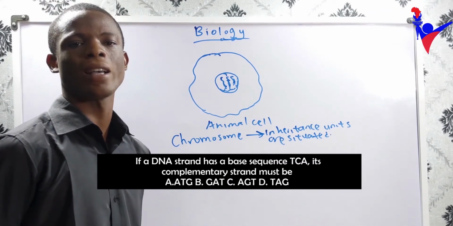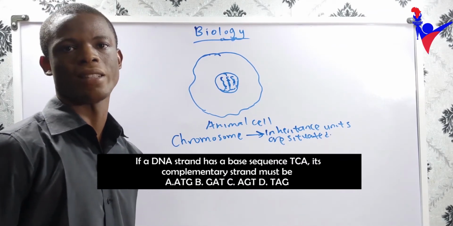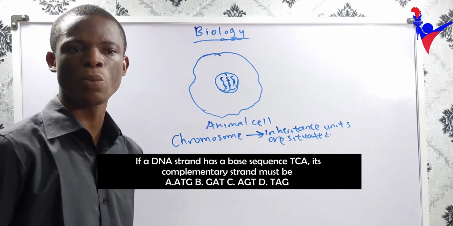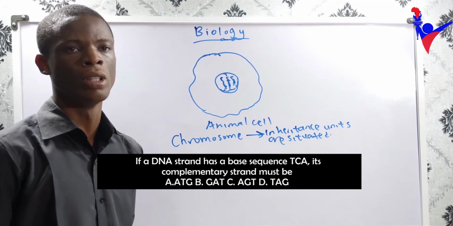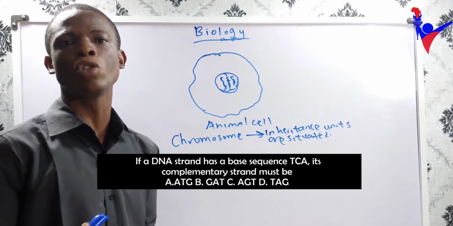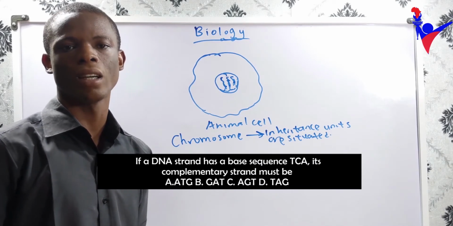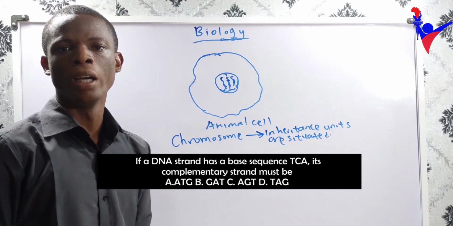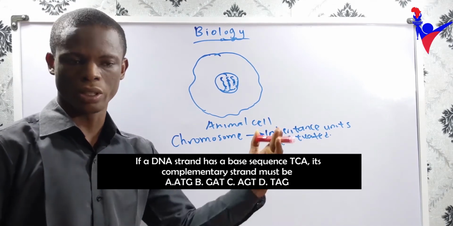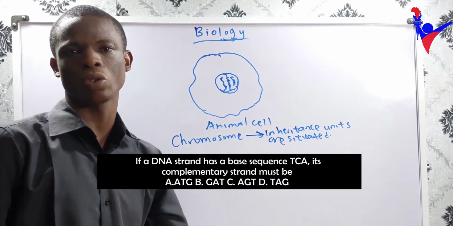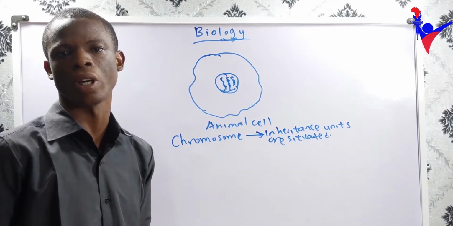DNA is known as deoxyribonucleic acid, and it is responsible for genetic transmission. DNA is a double helix structure which has two strands, the first being the major strand and the other being the complementary strand.